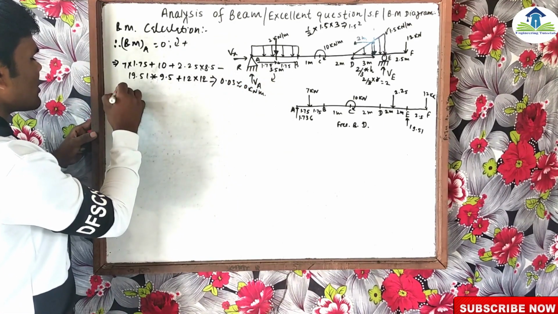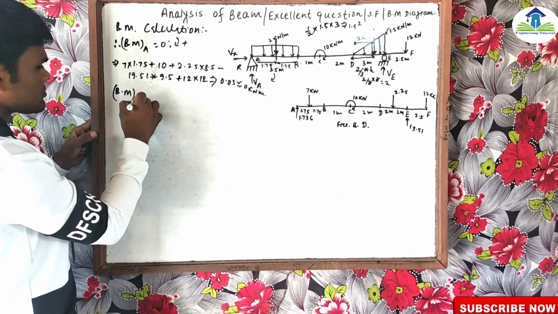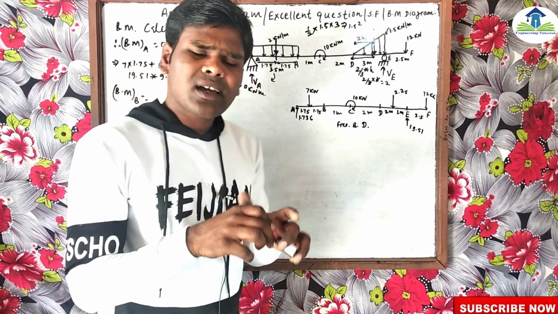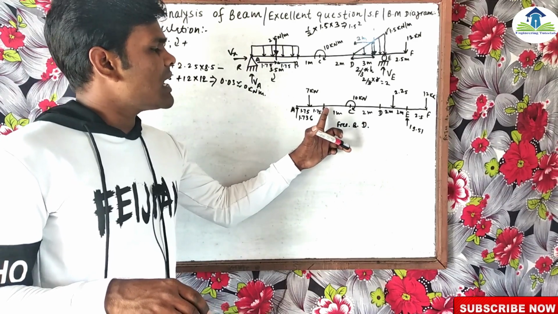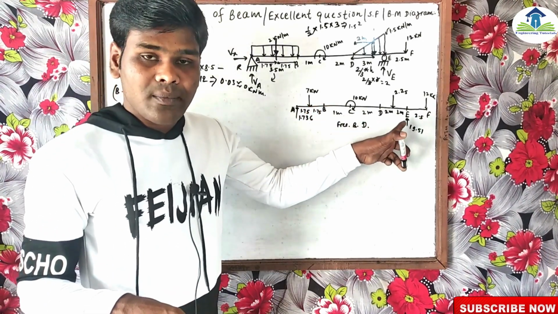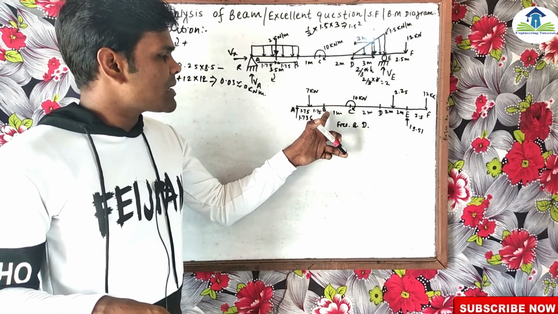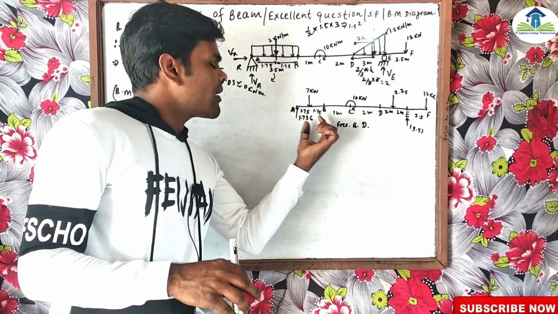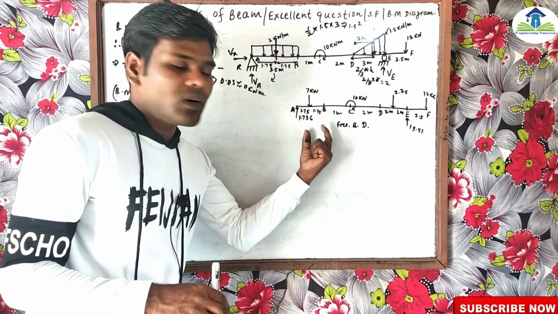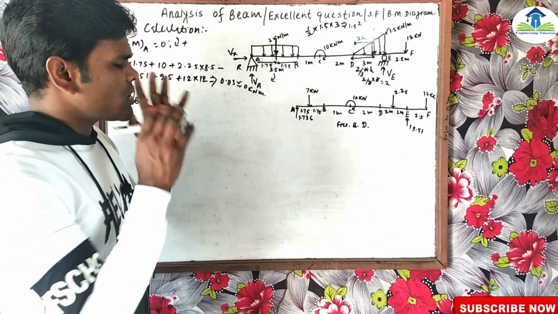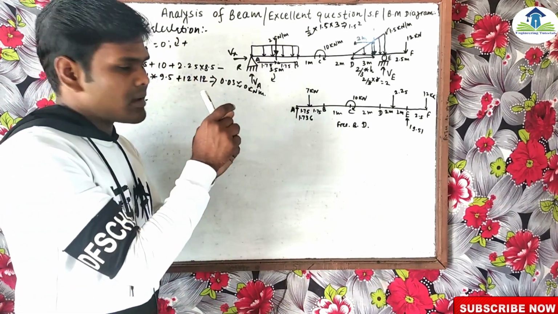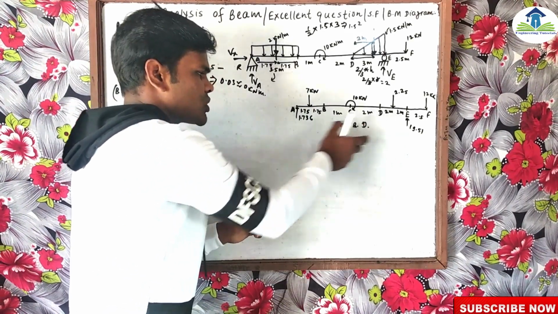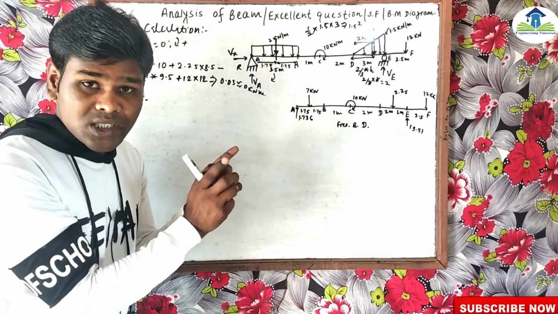Now the bending moment at point B. Here we are going to calculate the bending moment taking the load acting on the left side only. If we calculate the bending moment at point B taking the total right side force and left side force, then this will be 0.